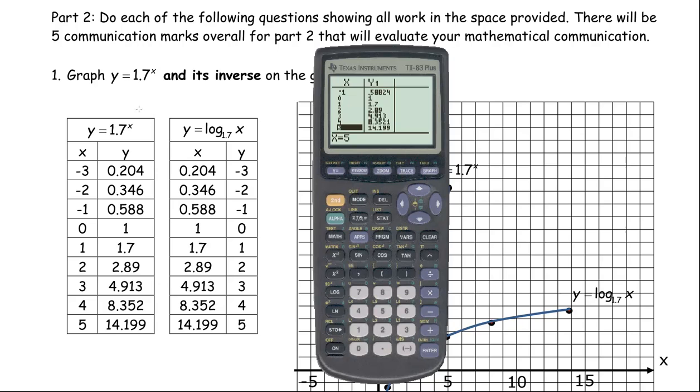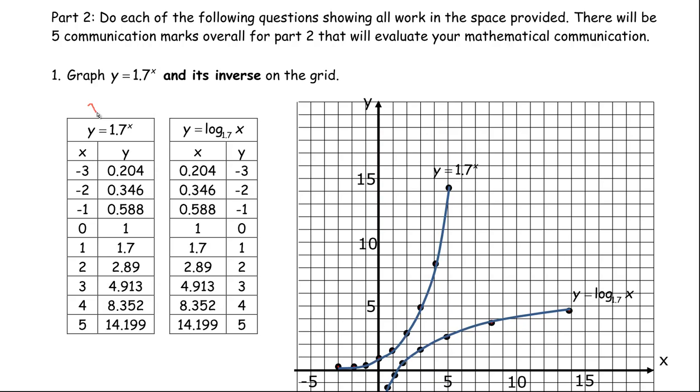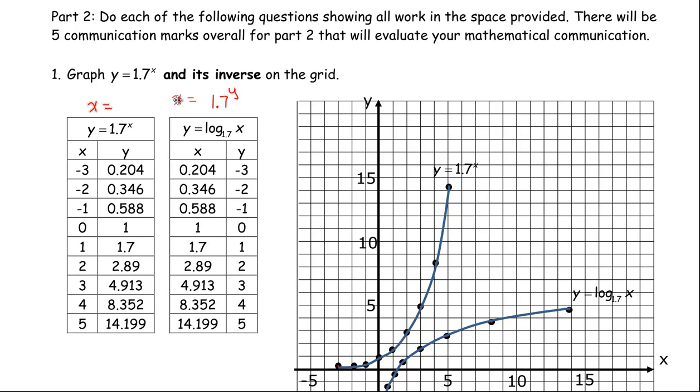Now, the inverse, remember, inverses come from switching x and y. So if we switch x and y, y becomes x and x becomes y. It would be x equals 1.7 to the power of y. So that's actually the inverse, on this side.